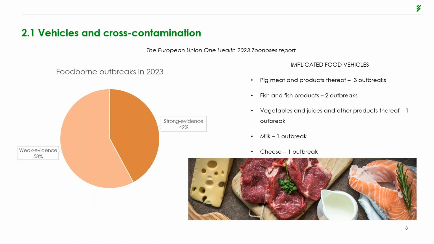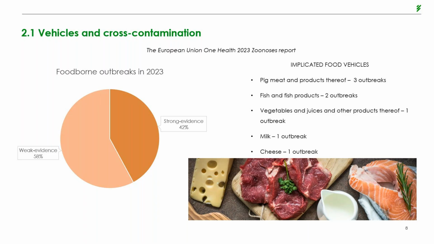And of these outbreaks in 2023, more than half were supported by weak evidence. This again tells us, as Pilar said, that there is still a lot of work to be done in terms of surveillance and notification for Listeria mono. On the other hand, thanks to this report, we can know the main food vehicles involved.